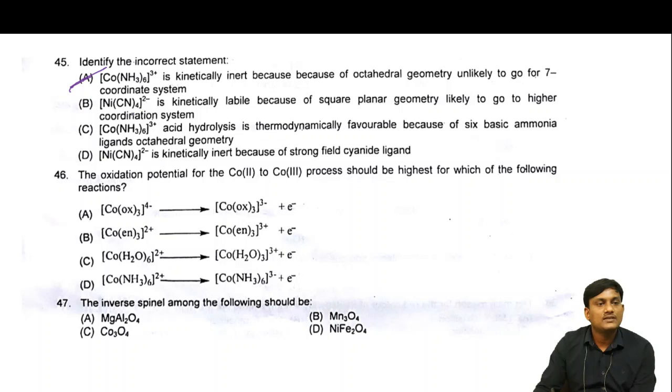[Ni(CN)4]2-, a 4 coordinated complex, is kinetically labile because of square planar geometry, likely to go to higher coordination system. This one is thermodynamically stable, but it is kinetically labile. This one is correct. Co(NH3)6 3+ acid hydrolysis is thermodynamically favorable because of 6 basic ammonia ligands, octahedral geometry.